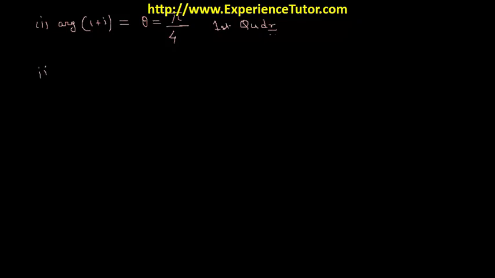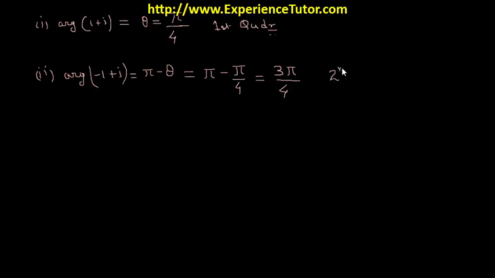According to the next rule of argument, we can write the argument of minus 1 plus i is equal to pi minus theta, which is pi minus pi by 4, which is equal to 3 pi by 4, which will fall in the second quadrant.